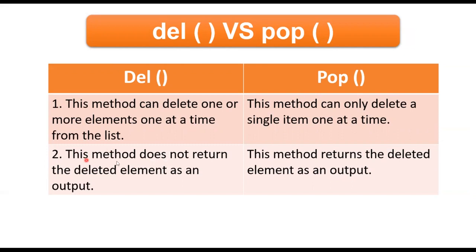Second difference is del method does not return the deleted element as an output. This we have seen, that it does not return any deleted element as an output, whereas pop method returns the deleted element as an output. We have discussed this point in our previous video, but let me show you this again.